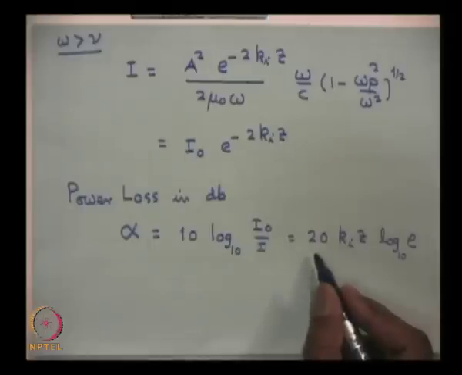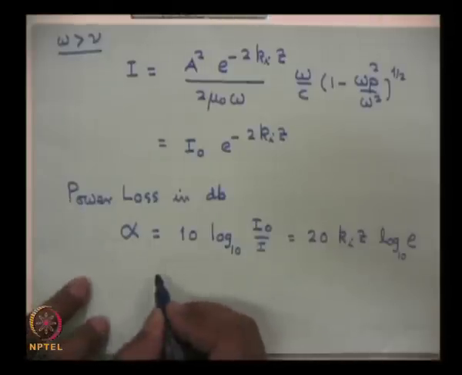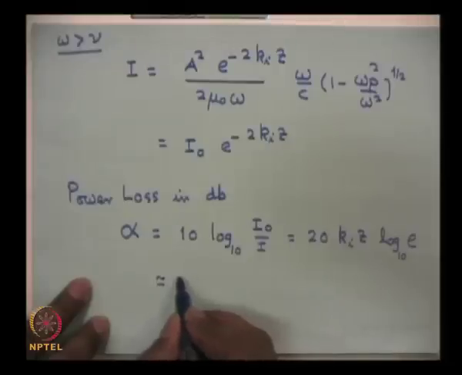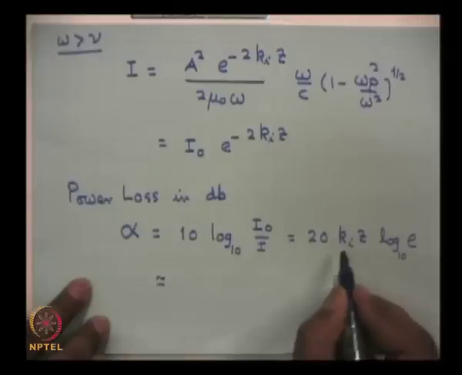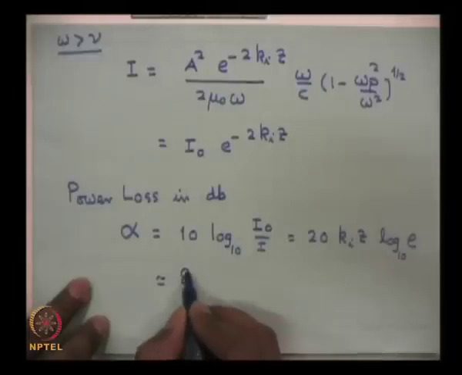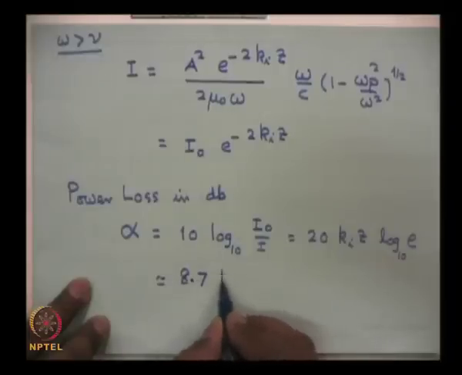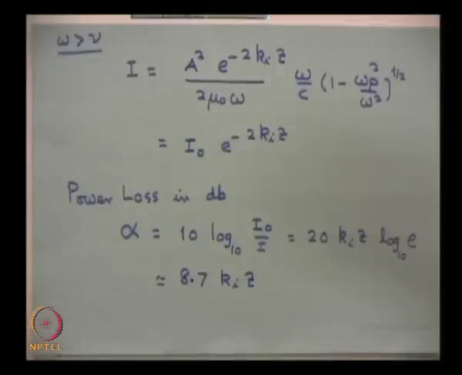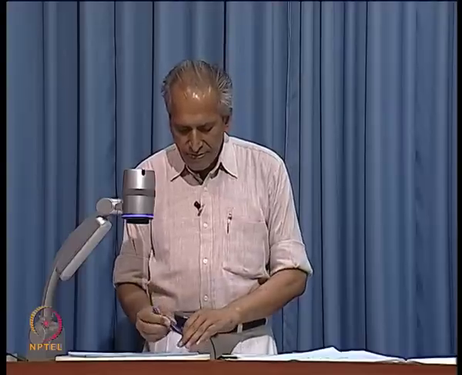So, if you divide this by 2.3, this will be something like 8 point something, 8.7 I guess, into Ki into Z. So, in many experiments you measure the power loss in decibels over a certain distance Z, and hence Ki can be calculated. I will give you an example.